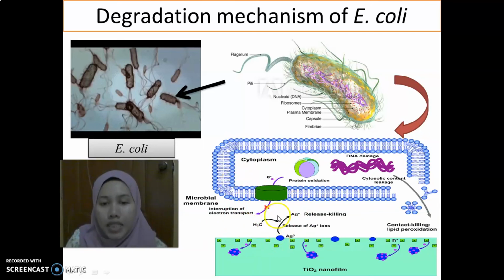Second, interaction of Ag+ with the thiol group in proteins. And third, destruction of bacterial cells via strong affinity interaction between Ag+ and the cell membrane. Ag+ ions also inhibit the DNA and ribosome, which leads to the destruction of cells.